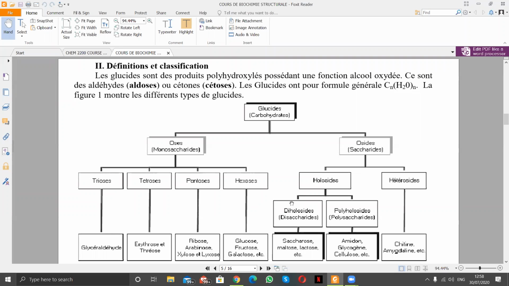Then the hetero maybe will consist of more than one. Like for example, we have glucose mixing with fructose. So I was thinking that maybe the product will be part of the heterosides. Now I'm confused. That's what is confusing me.